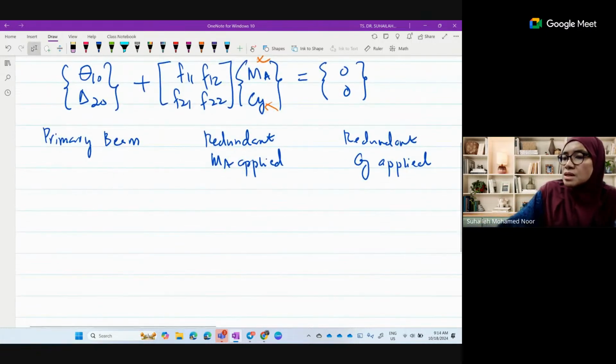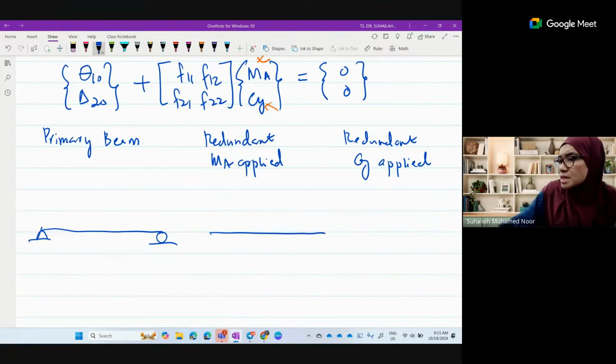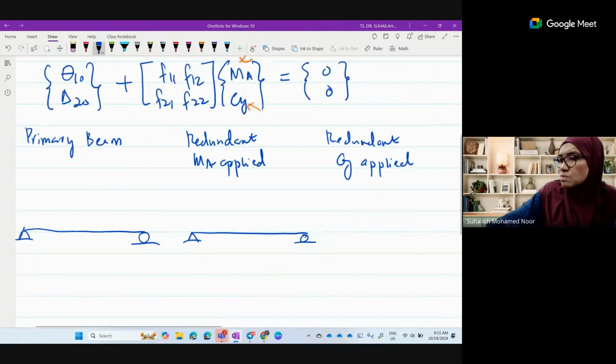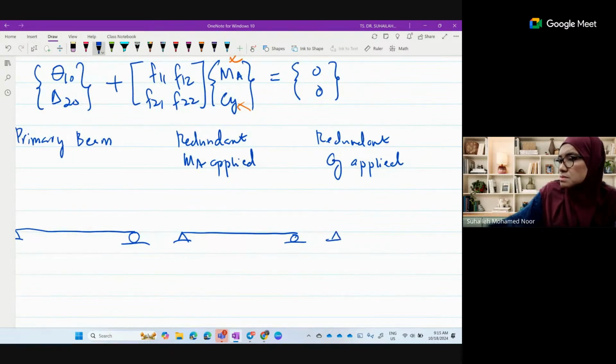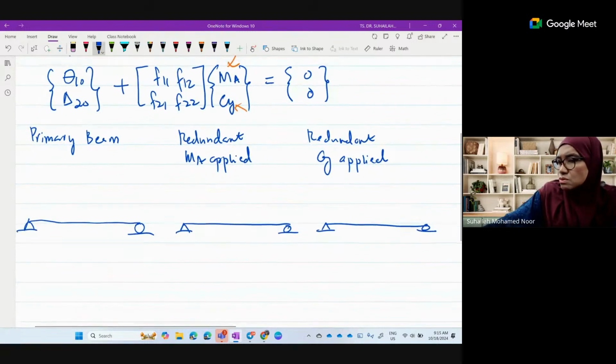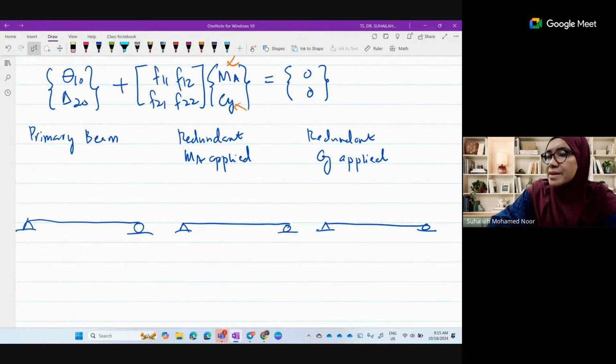Okay, so dia semua simply supported beam, right? Okay, tiga-tiga ni sama beam, sama diagram. Okay, elok lah. Macam ni kan. So, kalau sini simply supported beam, semua ni simply supported beam. Sama kan? Semua simply supported beam. Saya lebih kecil bagi nampak dalam satu screen.